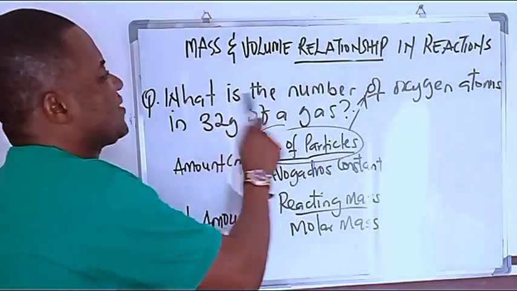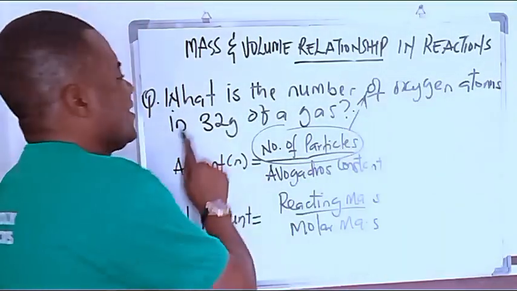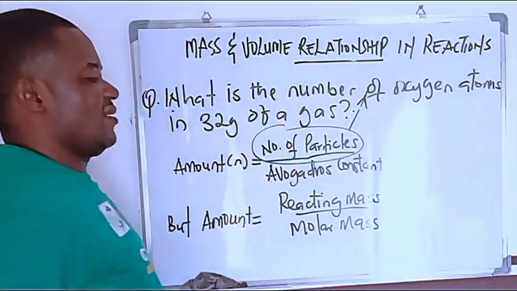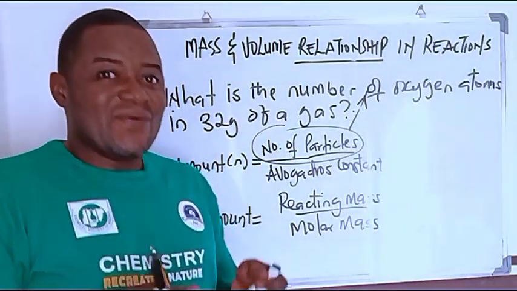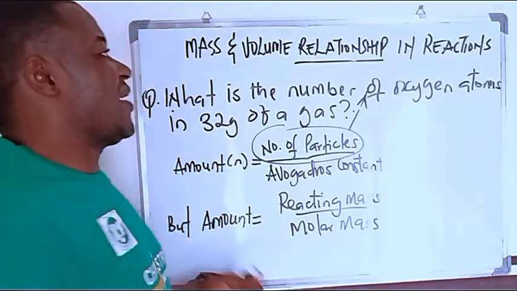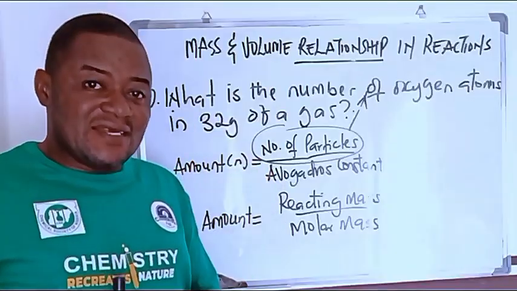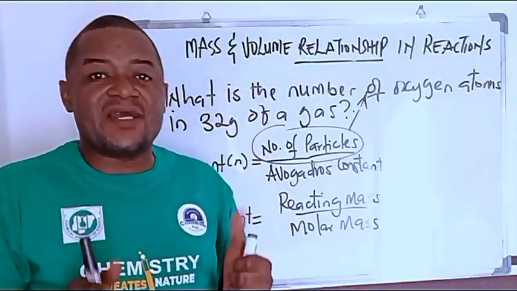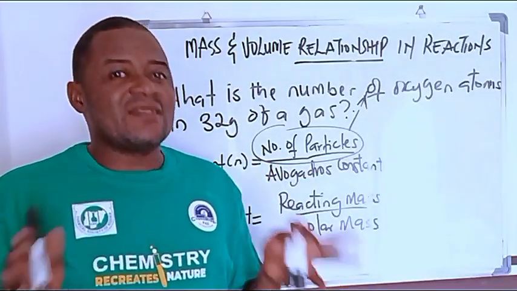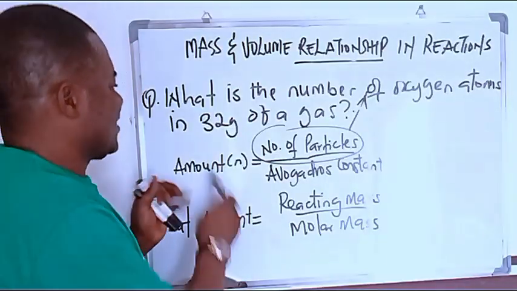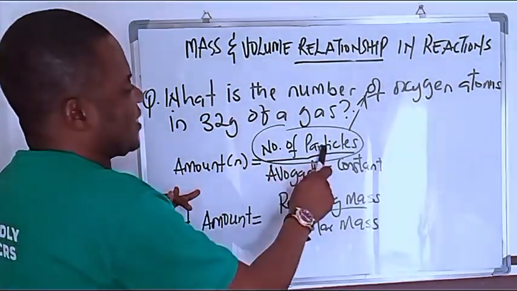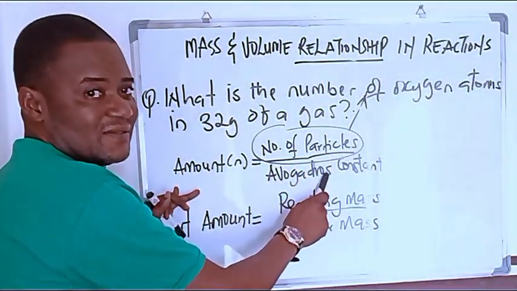You are asked what is the number of oxygen atoms in 32 grams of a gas. We have mass given to us, and then we are looking for the number of oxygen atoms. And like I said, it's easier for you to start by identifying what formula we have to use. And the first formula is amount equals number of particles over Avogadro's constant.